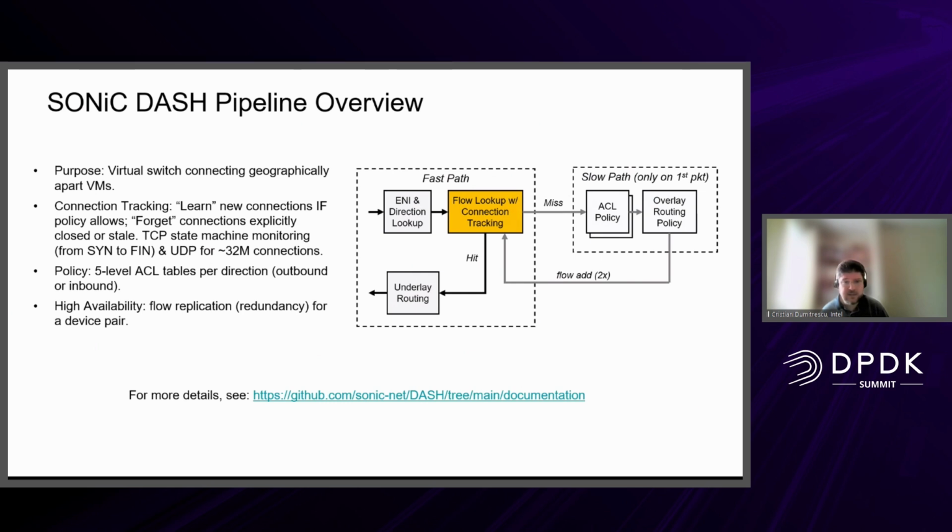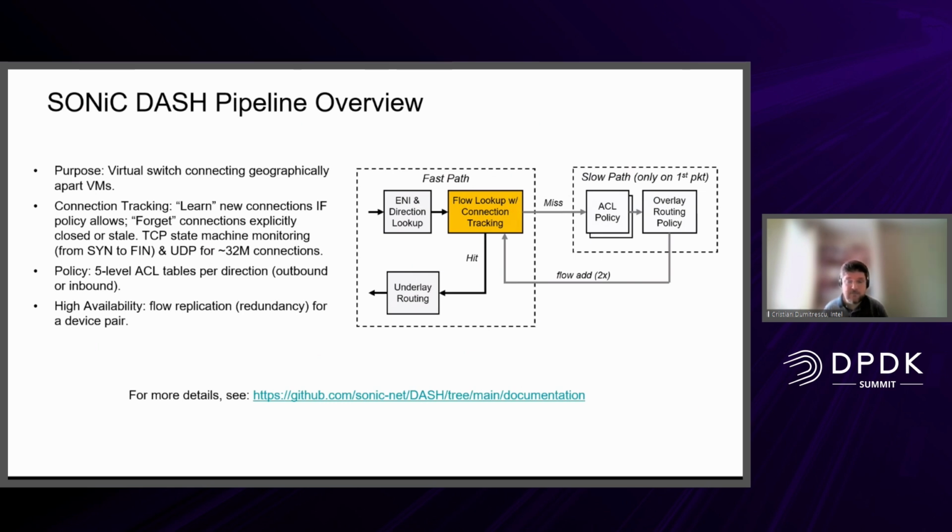Now, as I was saying, there are two directions. There is an outbound direction and an inbound direction. Outbound means that traffic goes from our local VM to a remote VM. So it basically forces us to decide where we are, right? And inbound is anything that is coming to us from some remote VM, right?